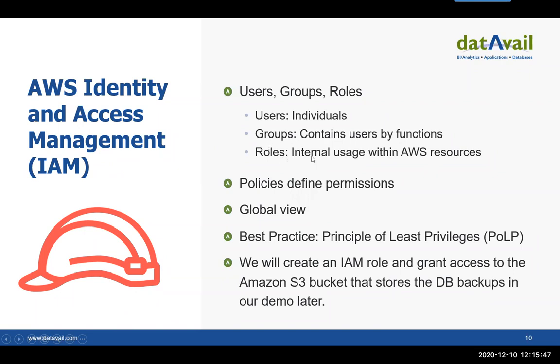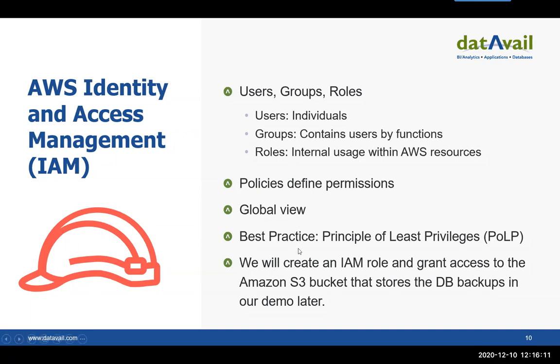We're going to see an example that's going to make a lot more sense. Okay, you already know it, great, right? This is an introductory session, so we expect everyone to be getting started with AWS. That's why I'm going over some of the basics and essentials here. Policies are the ones that define permissions. IAM has a global view.